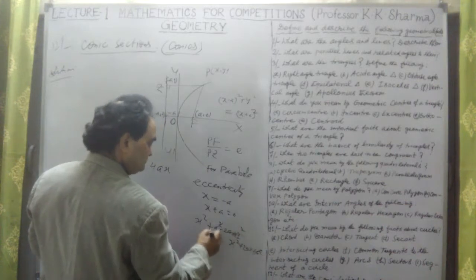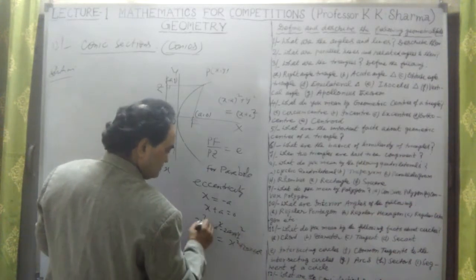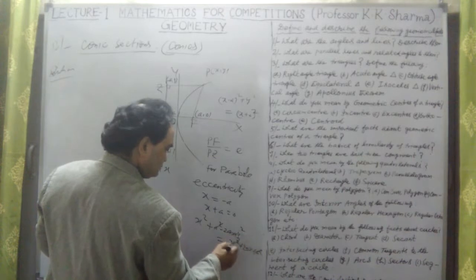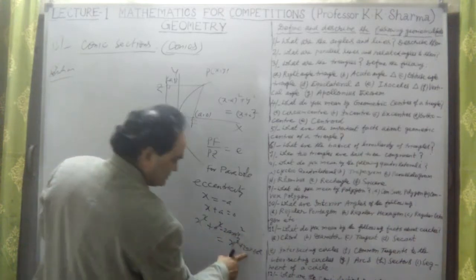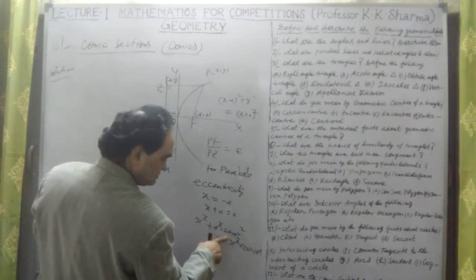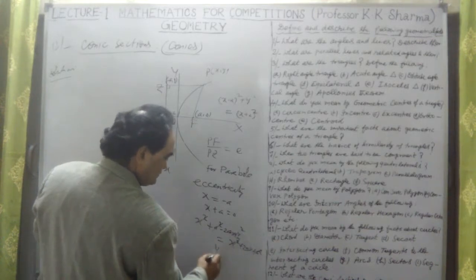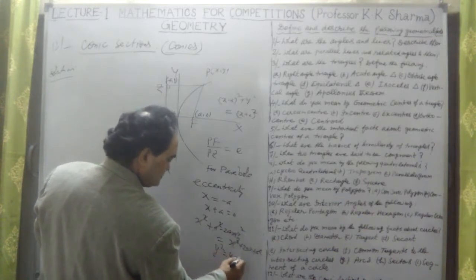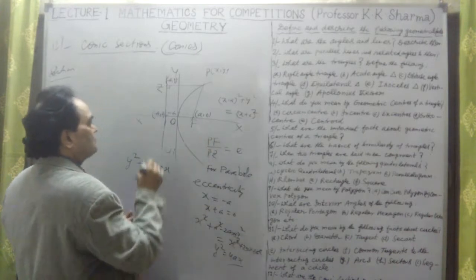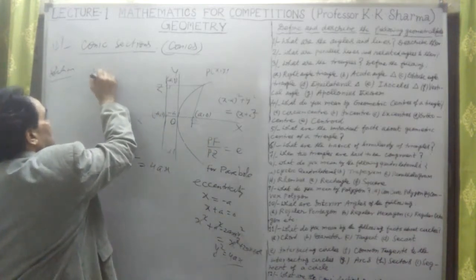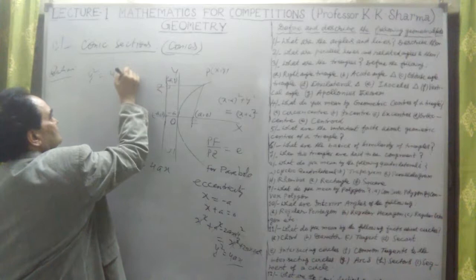The a square is cancelled out, and this x square cancelled out. Only twice a has been taken to this side. Y square equal to 4ax. This is the equation of the parabola here. The equation of the parabola is y square equal to 4ax.